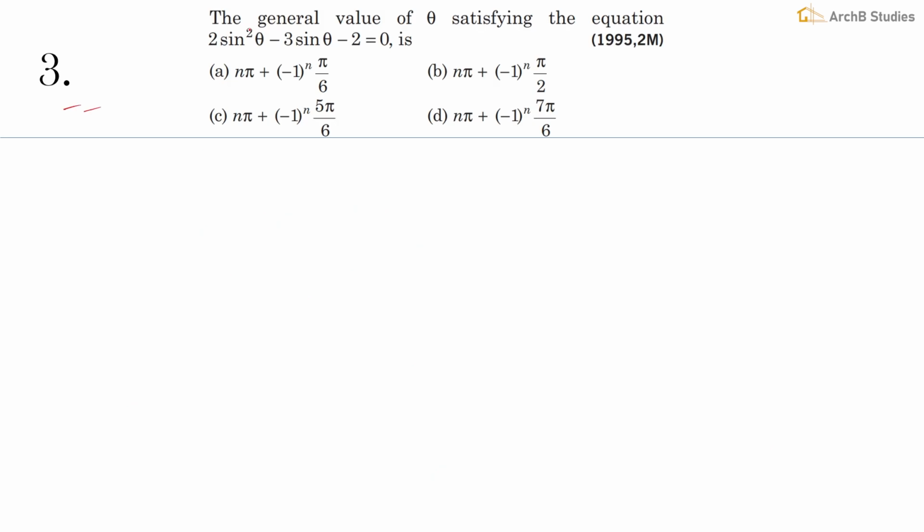Third question, the general value of theta satisfying the equation 2 sin square theta minus 3 sin theta minus 2 is equal to 0.